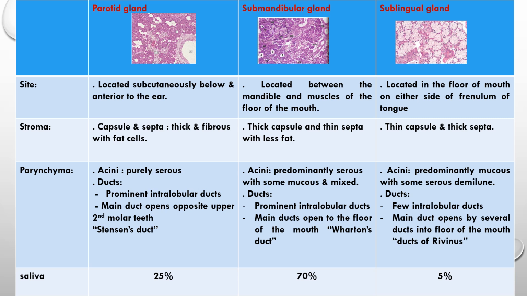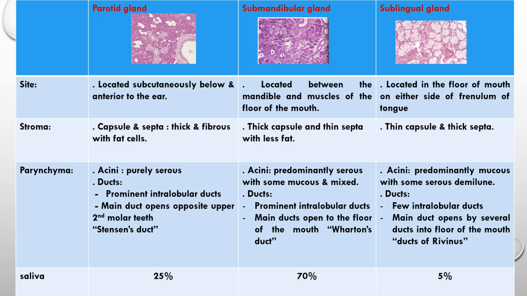The parenchyma of the sublingual gland is predominantly mucous with some serous demilunes. The duct system shows few intralobular ducts, and the main duct opens by several ducts into the floor of the mouth, ducts of Rivinus.